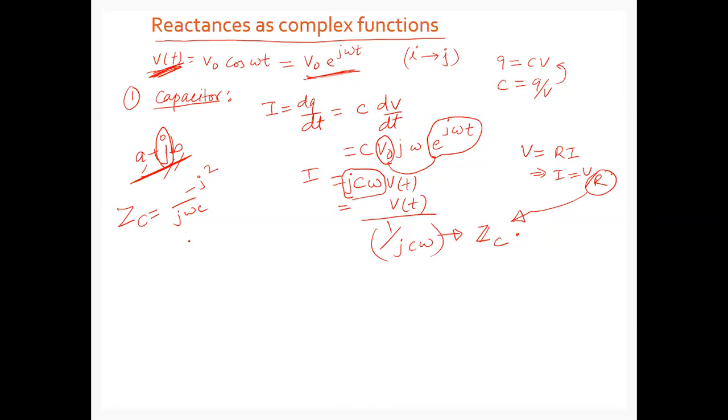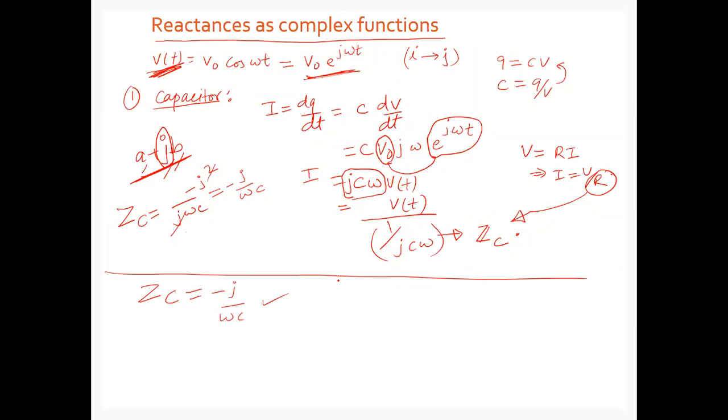Then I can cancel this j and j, which gives negative j over omega C. Does it make sense? This is your ZC. So you found your ZC is negative j over omega C. Okay, keep this in mind.